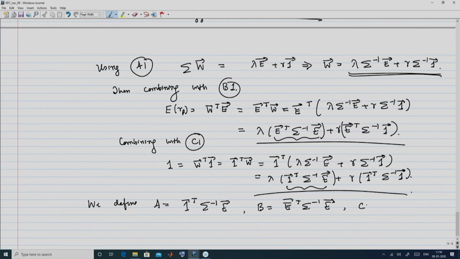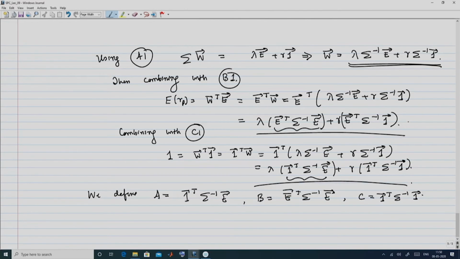I choose my C to be equal to 1 transpose sigma inverse 1. Then I can solve this equation. So, let me call these D 1 and E 1.